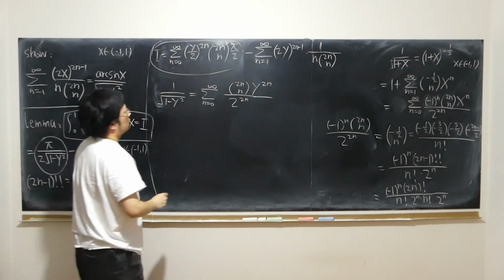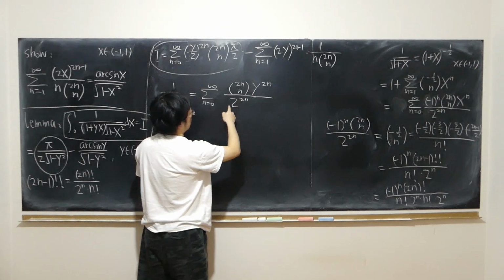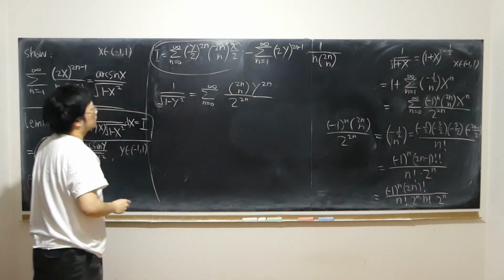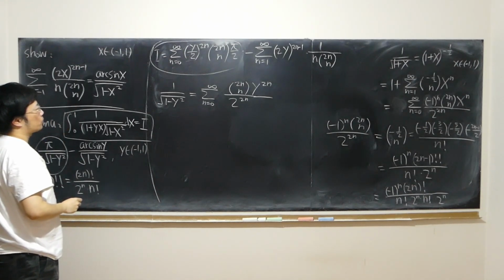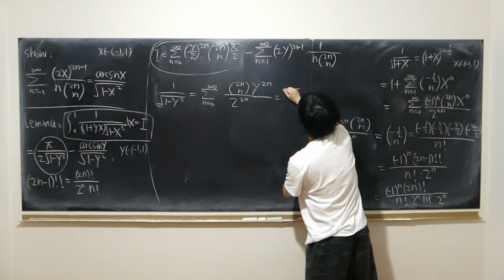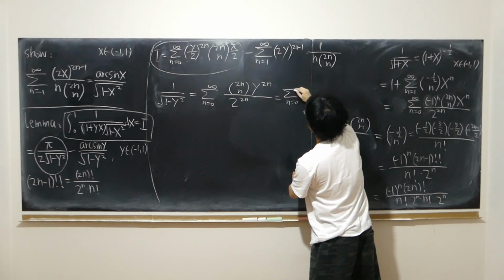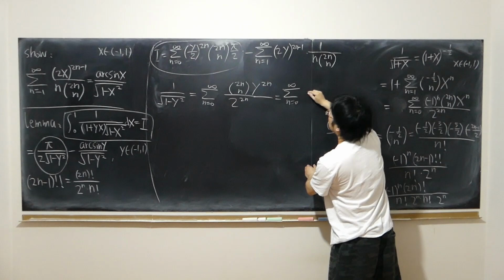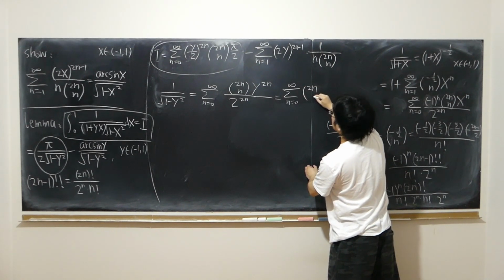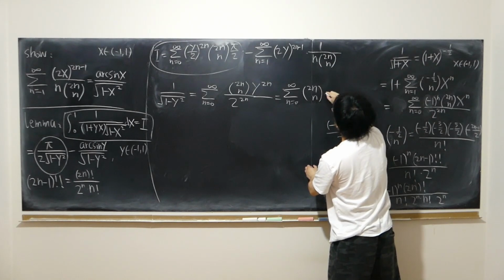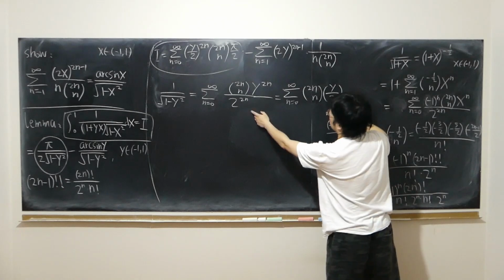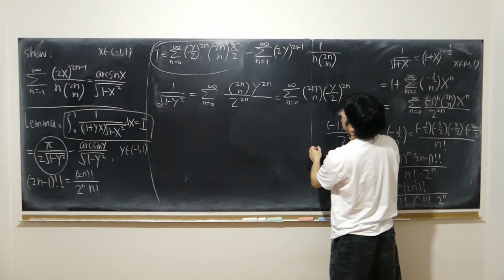Then you can combine this term and this term, since they have the same power. That's it. The sum with n from 0, of 2n choose n times half y to the 2n.